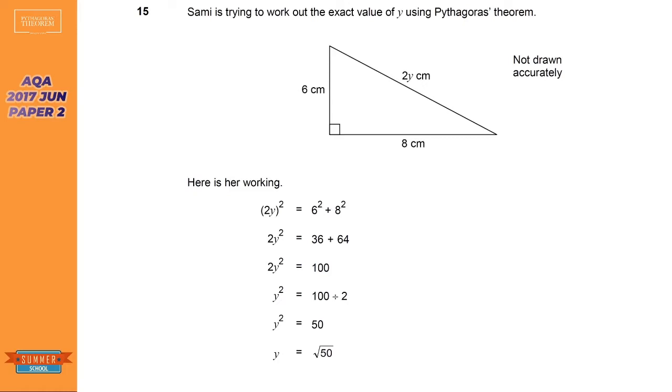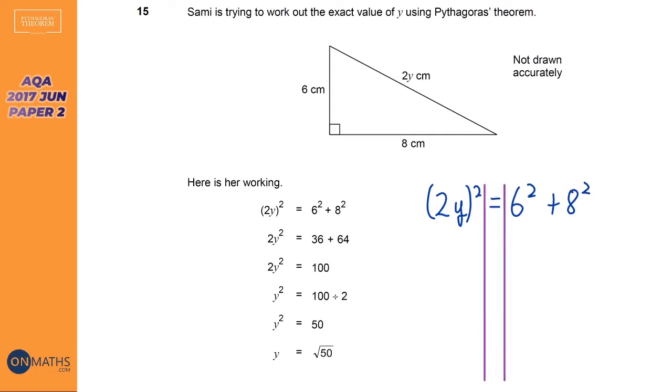So Pythagoras says this squared equals this squared plus this squared. Okay, so (2y) squared, and it's all of that squared, equals 6 squared plus 8 squared. Let's get our tram lines in. Okay, so the first thing we need to do is get rid of the squared. So we're going to square this bracket.